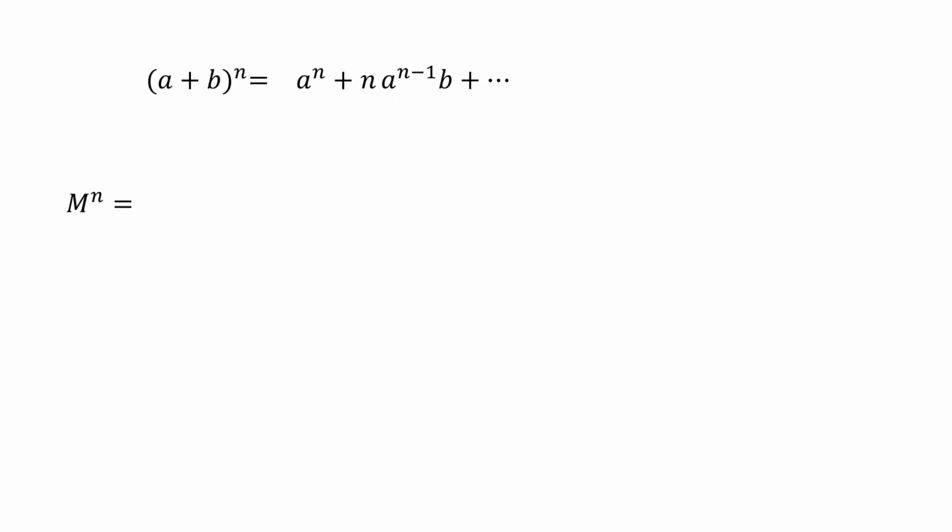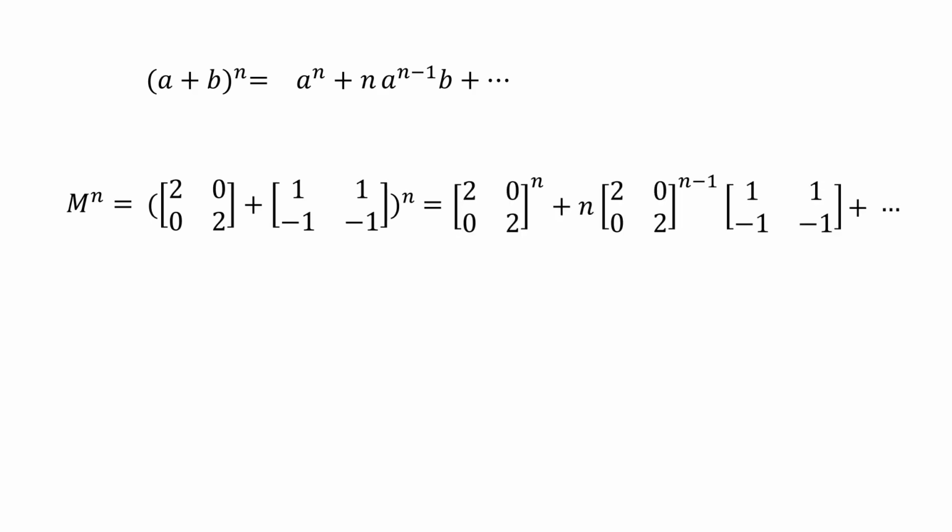Substituting this in, we get this. Notice how everything here is just 0. This is because we have already found that the power of b in everything here is greater than or equal to 2. Since the b we substituted in was M minus lambda I, this means that we can take out a factor of M minus lambda I squared from the triple dots, which we know is just 0.